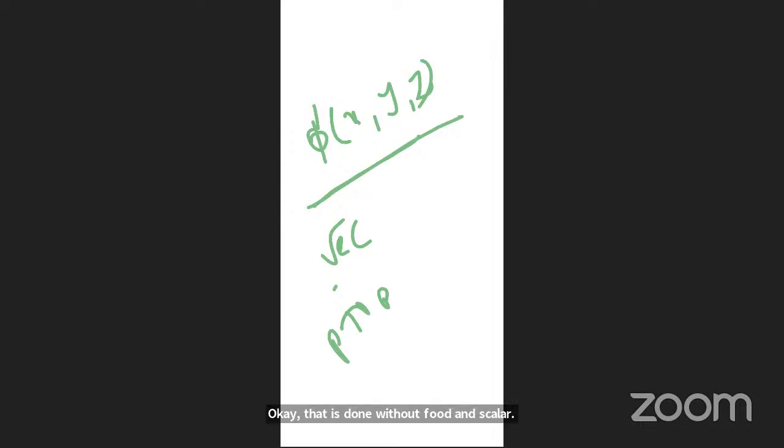Okay, so next, what are the gradient, curl, and divergence? These are basics. So first of all, what is the gradient? The gradient is of a scalar valued function f of x comma y comma z in the vector field.